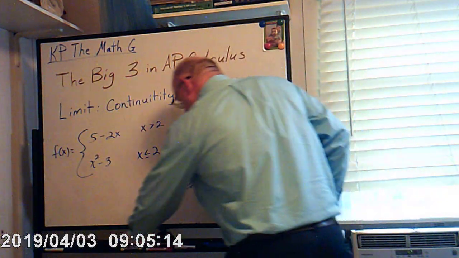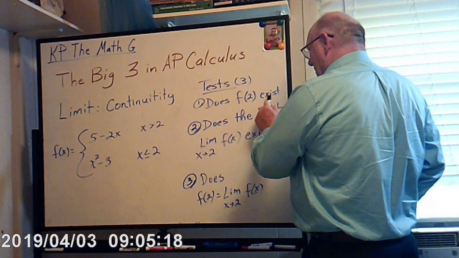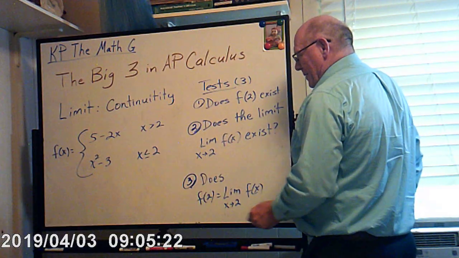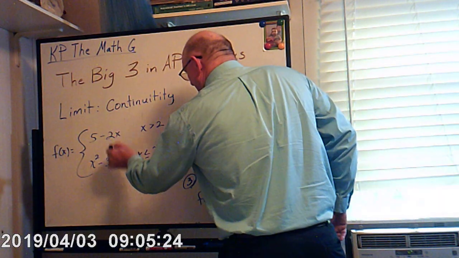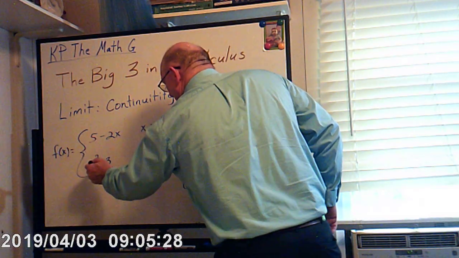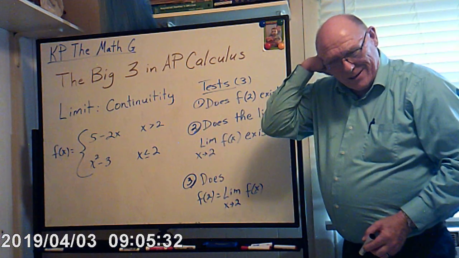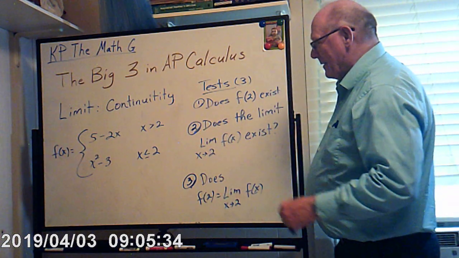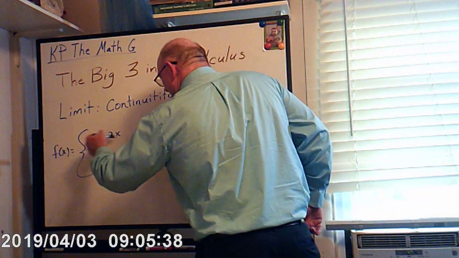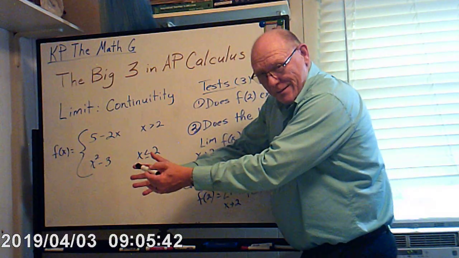All right. Does f at 2 exist? Well, you got a piecewise function. f at x is both of these. Anytime you see more than one function of f, it's all called f, but it's 2 different functions, still called f.